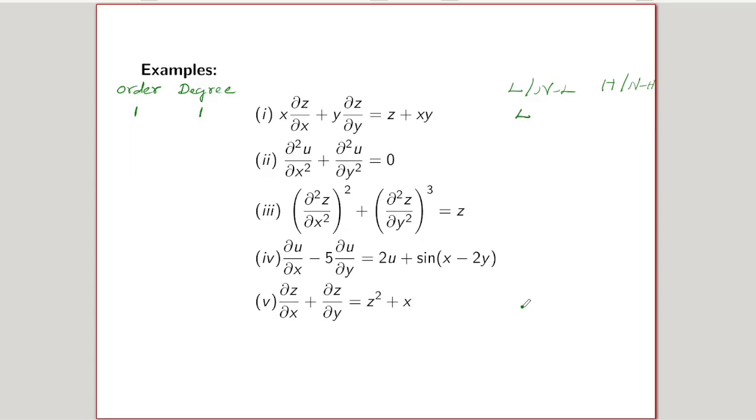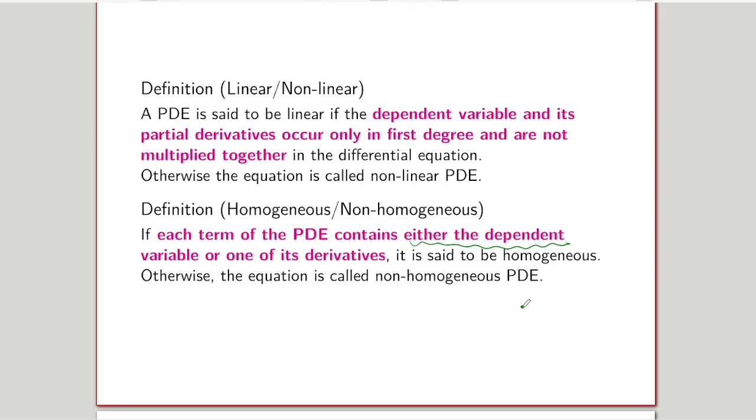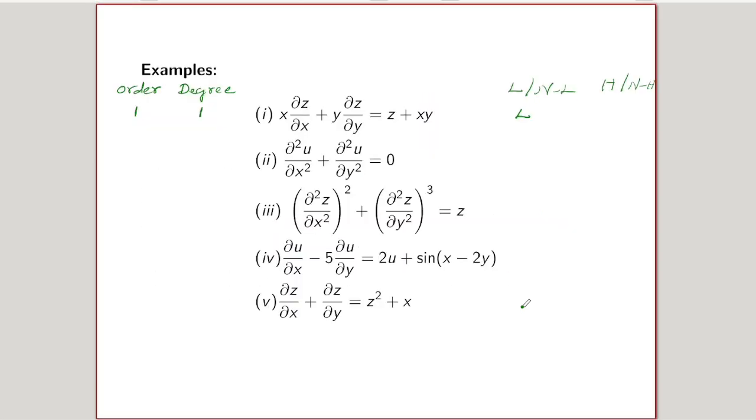And homogeneity. So the homogeneity definition is every term should have either the dependent variable or one of its derivatives. So if we consider this term xy, in this term there is no dependent variable z and its partial derivative. So this is a non-homogeneous equation.